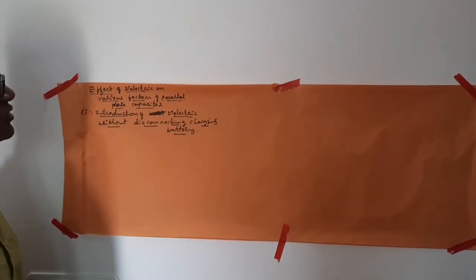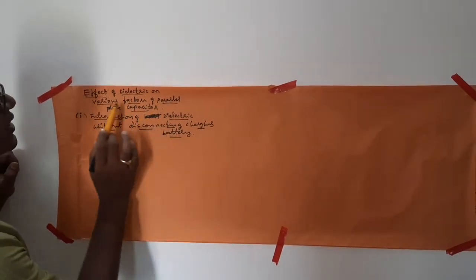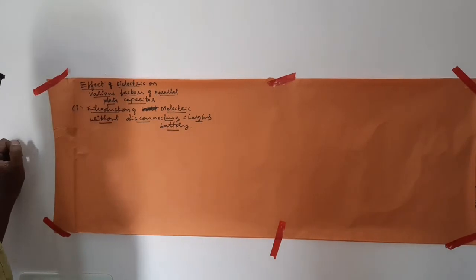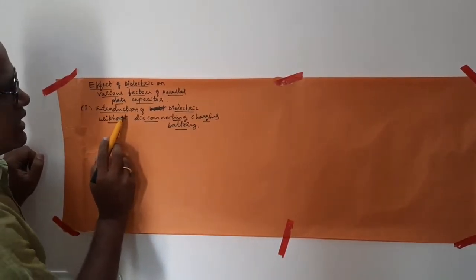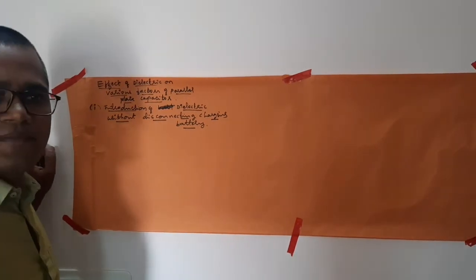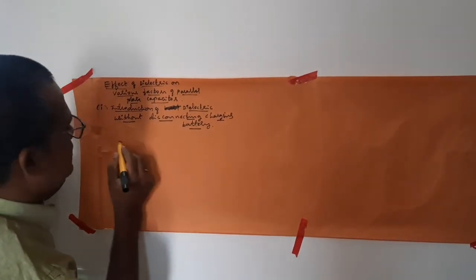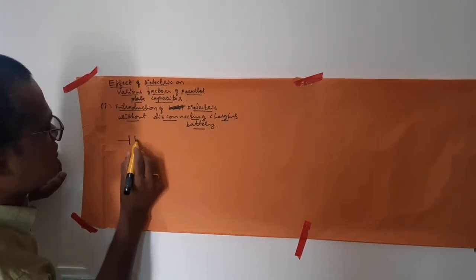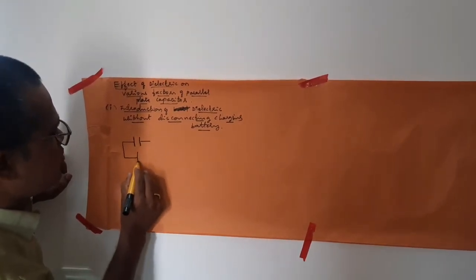So now we discuss the effect of dielectric on various factors of a parallel plate capacitor. Here the first case I will take is introduction of dielectric without disconnecting the charging battery. So here this is a capacitor and it is connected to a battery.